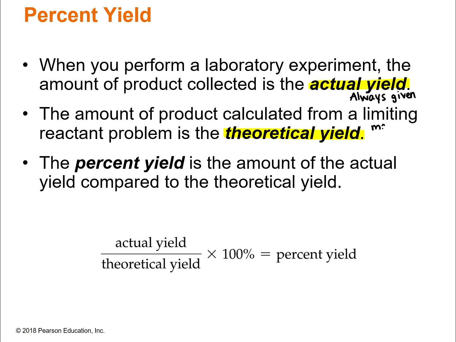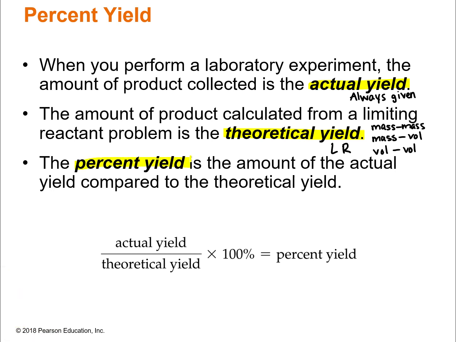So you can see that in the form of mass to mass, mass to volume, volume to volume, and you can also have limiting reactant on top of that.